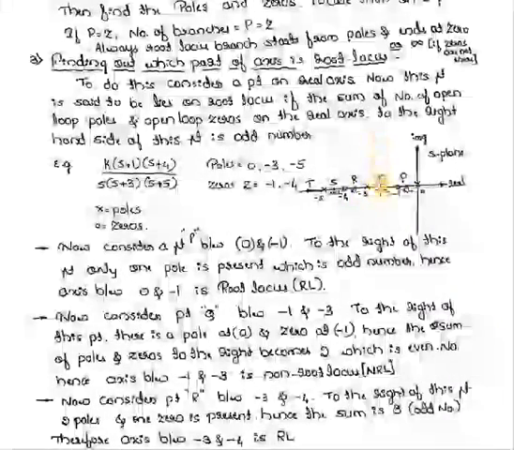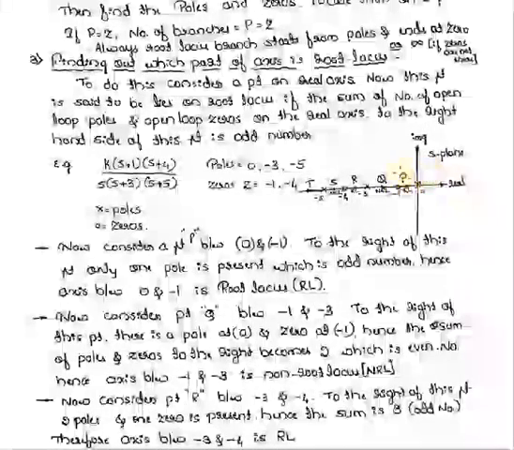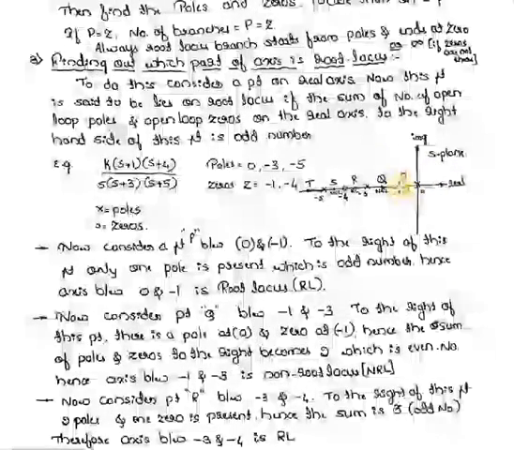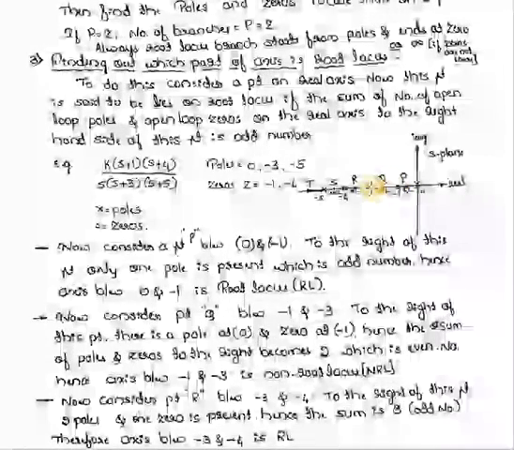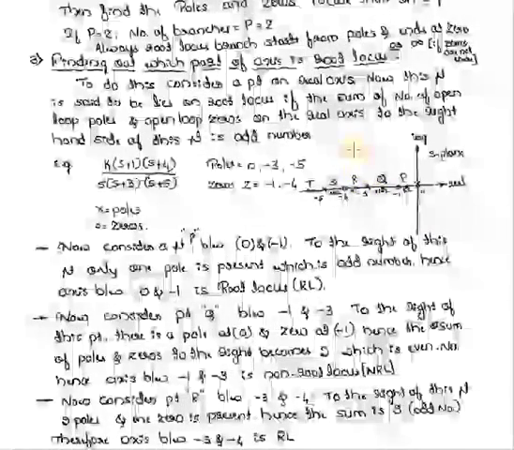Now I will consider a section between -1 and -3 here, like this. Then take the summation of p and z towards the right side. There is 1 zero and 1 pole. So 1 plus 1 is equal to 2, which is an even number. That means from -1 to -3 it is a non-root locus part, that is NRL. Now consider a section between -3 and -4 here.